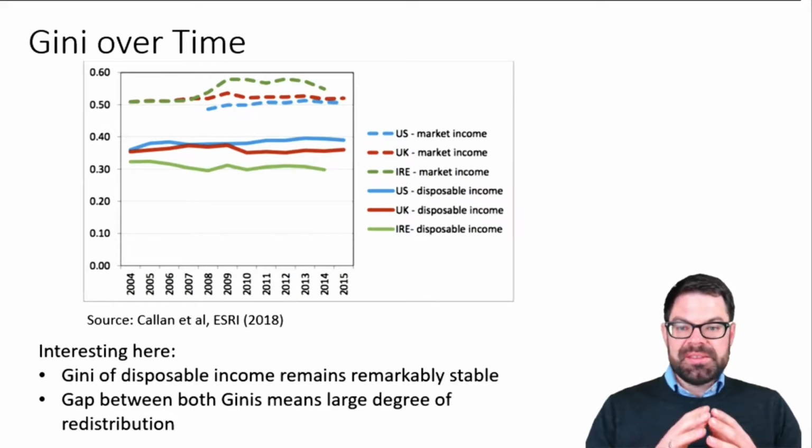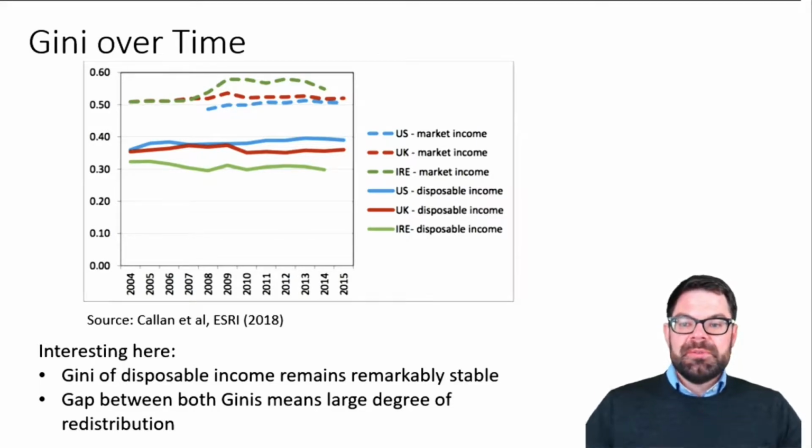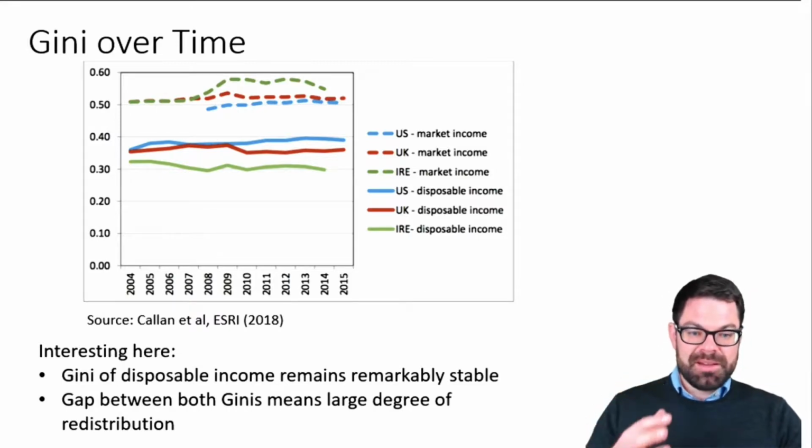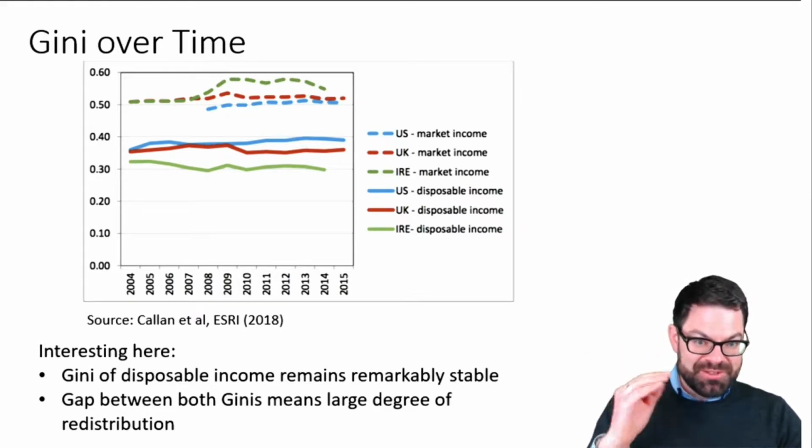And there are a few things that jump out here. So first of all, Ireland actually, in terms of market income inequality, since the financial crisis, has a greater inequality than the US and the UK. A lot of people don't know that, but Ireland in terms of market income inequality is in the OECD among the top countries.